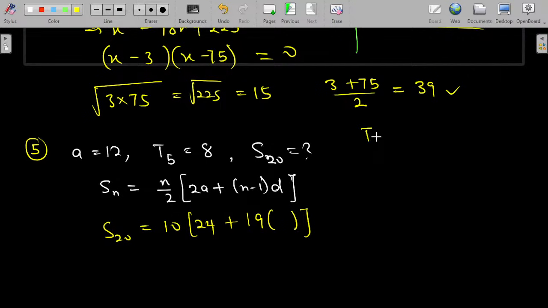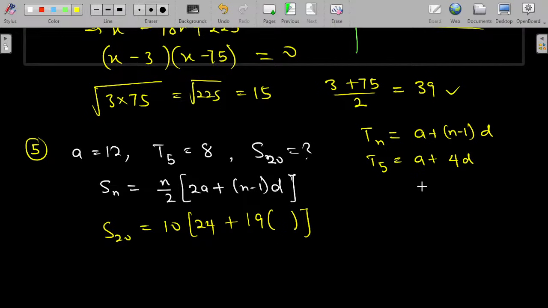Remember by formula, let me write for tn first. Tn for arithmetic progression is a plus n minus 1 times d. If we are talking about t5, then it's going to be a plus 4d, because you have 5 minus 1.